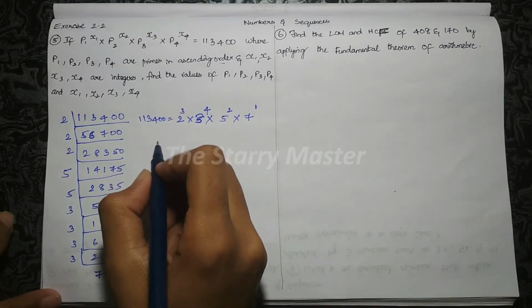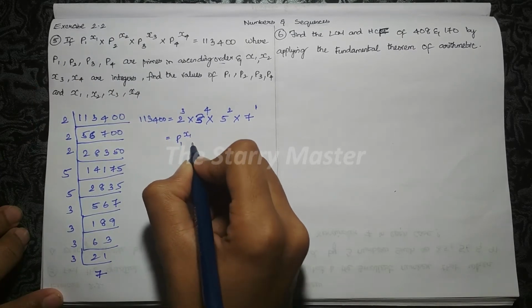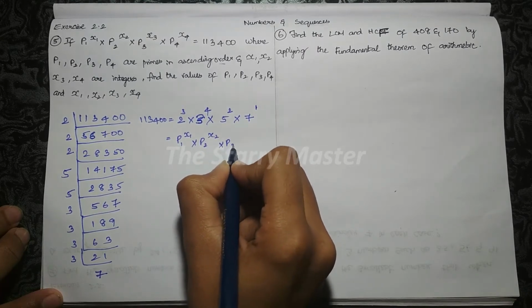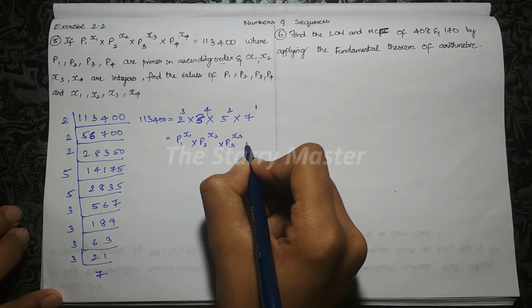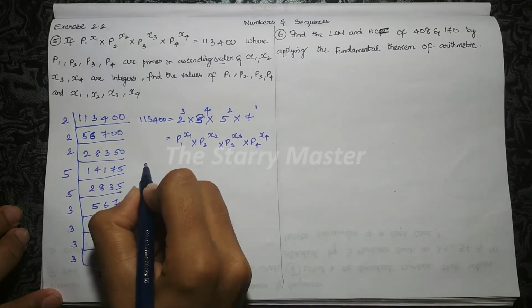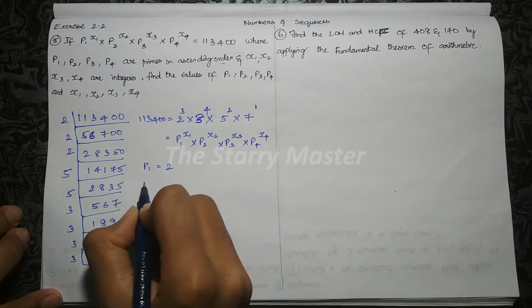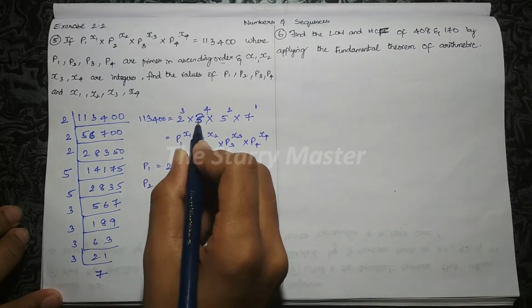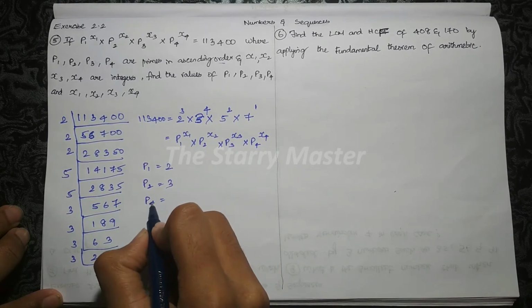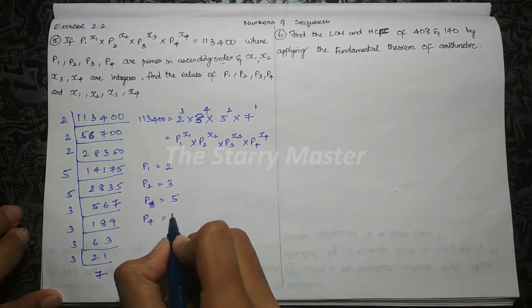Then the expression given here is p1^x1 into p2^x2 into p3^x3 into p4^x4. So p1 is equal to 2, p2 is equal to 3, p3 equal to 5, p4 equal to 7.